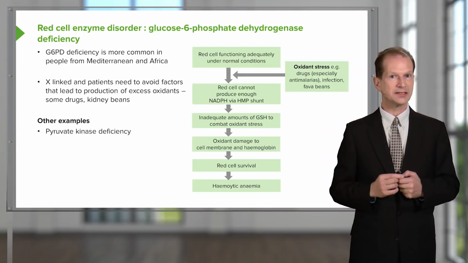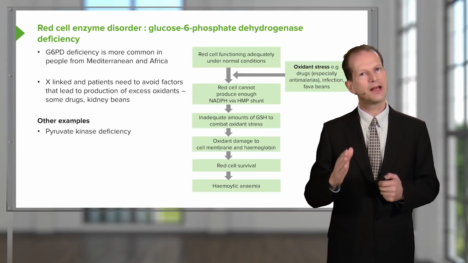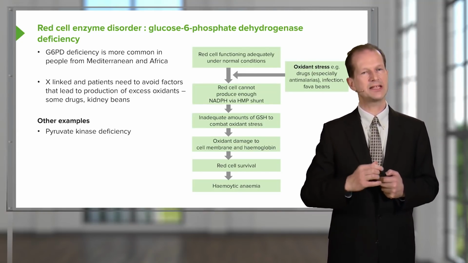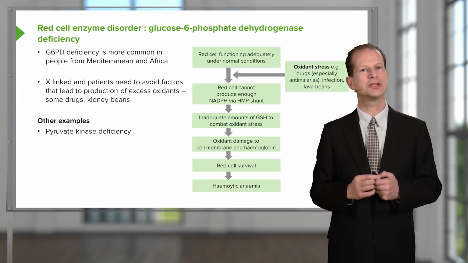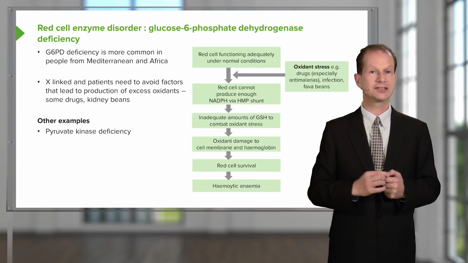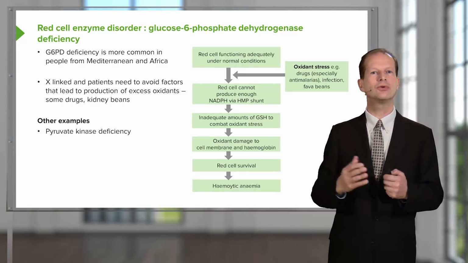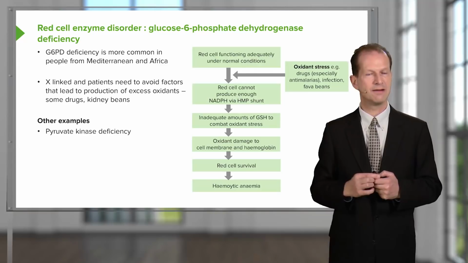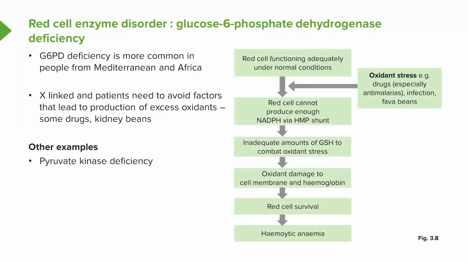Now, this is X-linked, and patients need to avoid factors that precipitate crisis of acute anemia in this condition. Sometimes it's drugs. Bizarrely, sometimes it's kidney beans, fava beans, and that can trigger a crisis. Just look on the right of the green boxes there, and you'll see that coming in from the right is what we call oxidant stress.